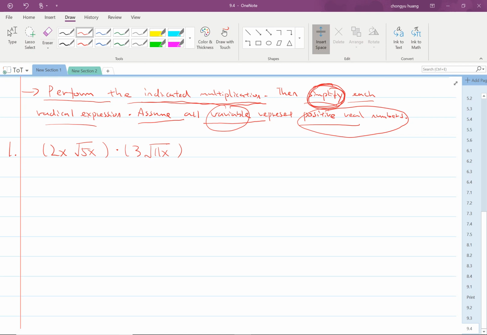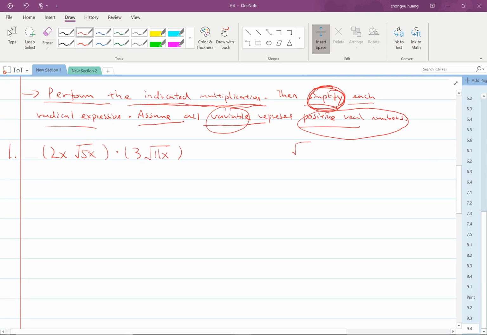One thing I want to say is that in order to apply the properties we just talked about, you have to make sure the variables are positive real numbers.